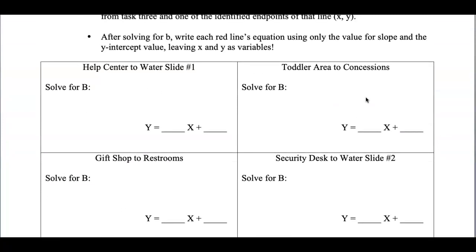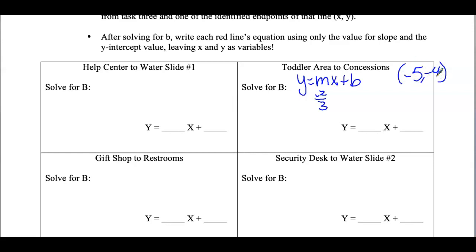In order to solve for b, I'm going to write the equation y equals mx plus b. I know the slope, which is m, that is negative 2/3. I also know an x and a y because I have the point negative 5, negative 4 that I got from either the toddler area or the concessions.